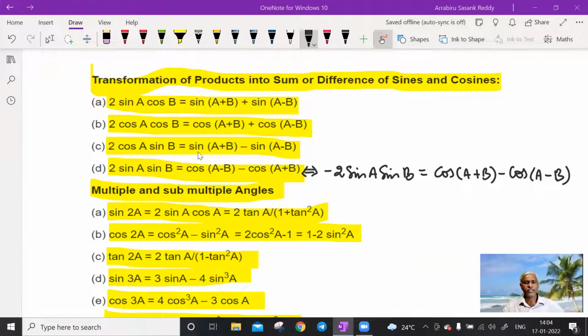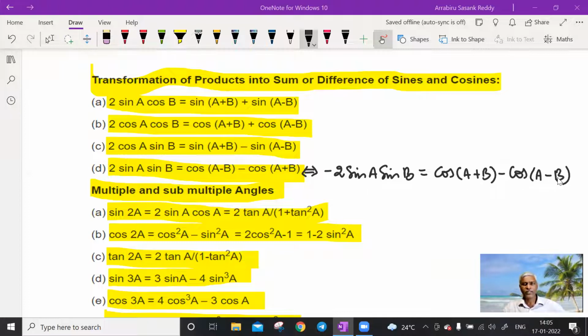And if you subtract sin A plus B minus sin A minus B, you will get 2 cos A sin B. In this case, for cos, we subtract cos A plus B from cos A minus B, that is cos A minus B minus cos A plus B, and you will get 2 sin A sin B. Otherwise, if you take A plus B first and subtract A minus B, you will get a minus sign.